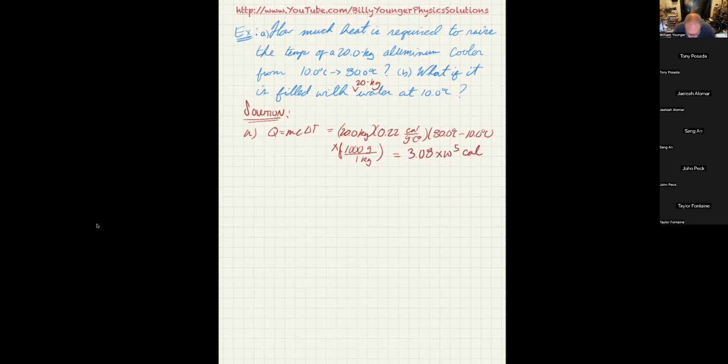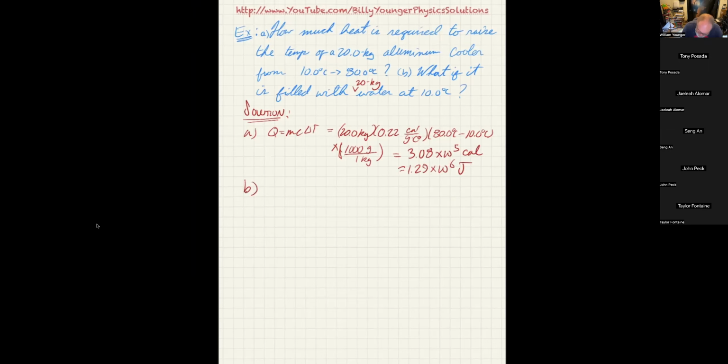I could also convert that to joules if necessary. In fact, times 4.186, that's equal to 1.29 times 10 to the 6 joules. So that's another figure. Now we'll do part B.